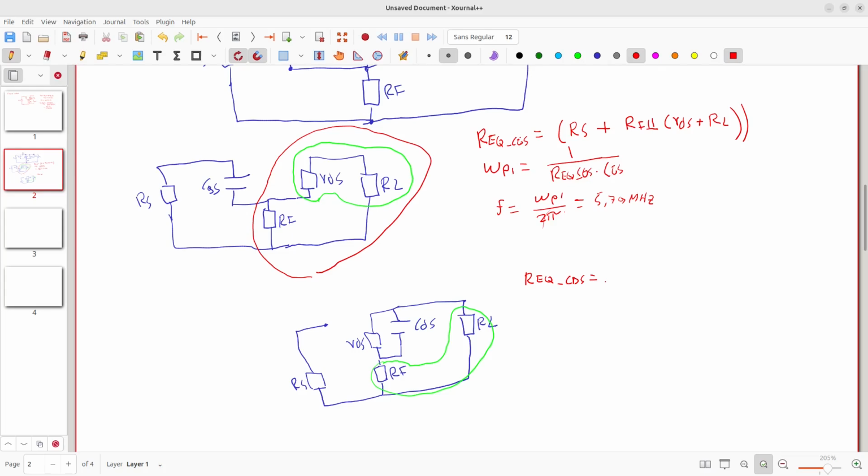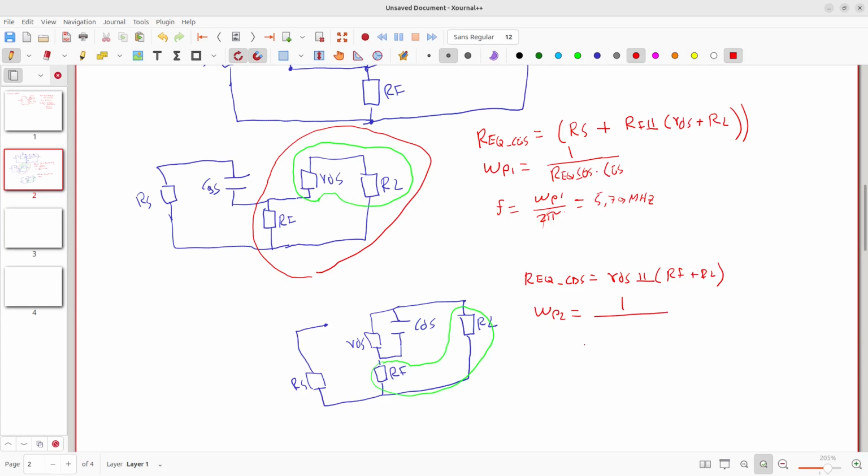So we can do RDS in parallel to RF plus RL. Okay, and then we can calculate the position of the second pole.